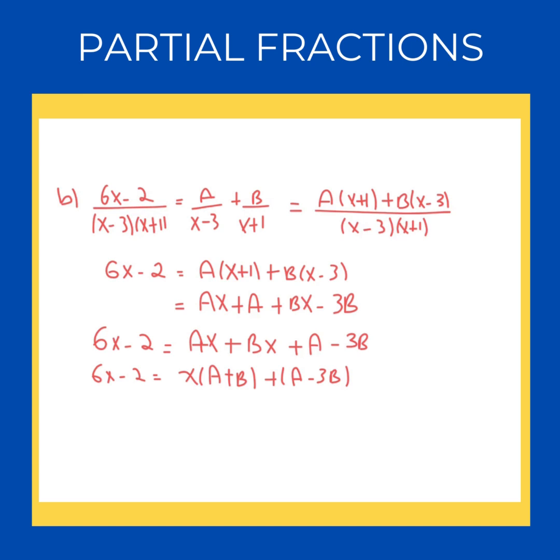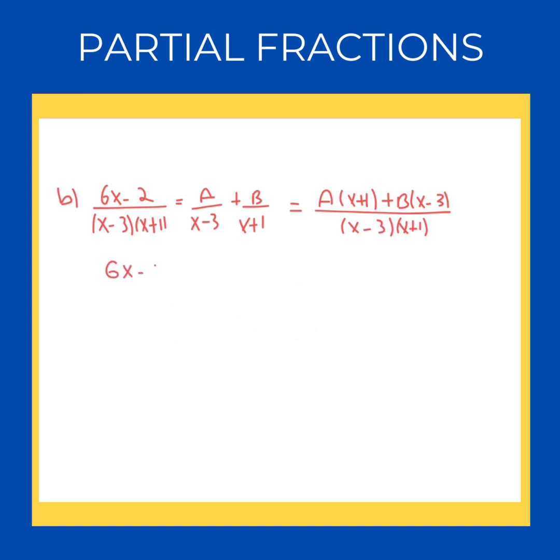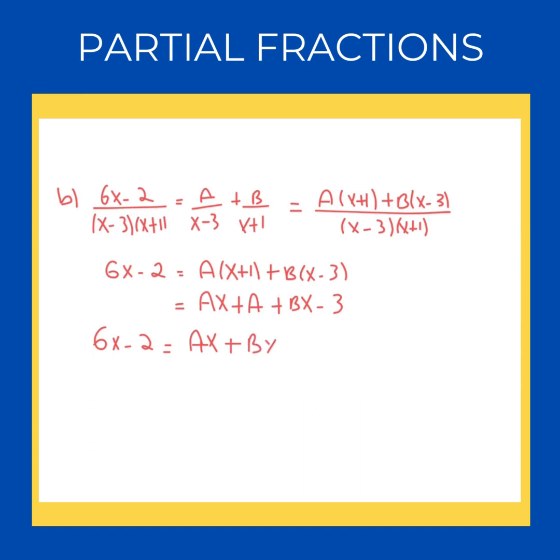Now I need to equate the numerators, so 6x minus 2 is equal to a times x plus 1 plus b times x minus 3, which is equal to, I'm going to expand the brackets, so I have ax plus a plus bx minus 3b.